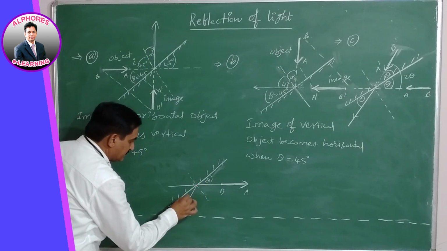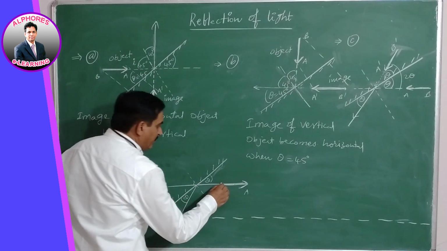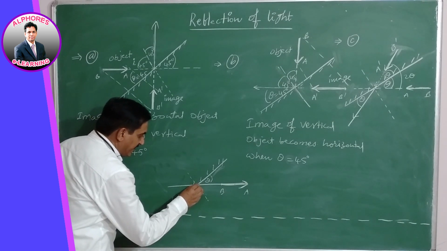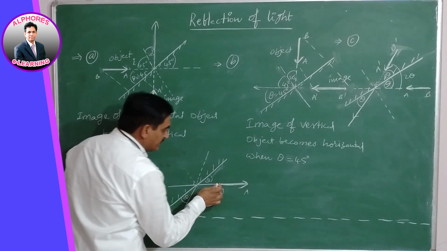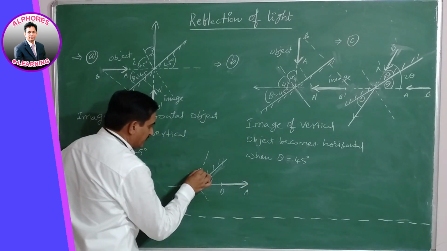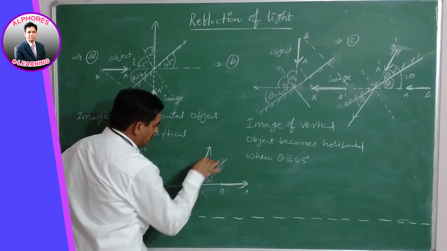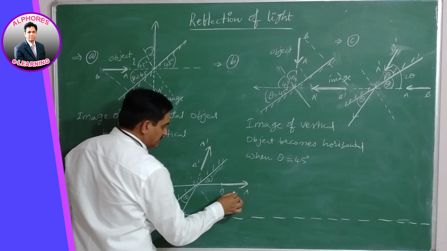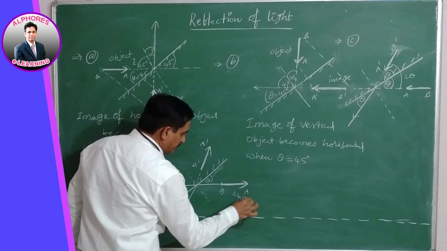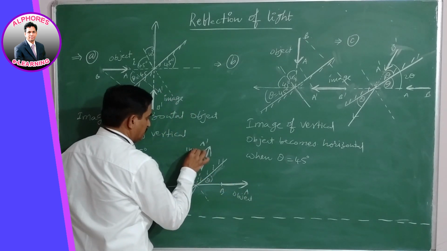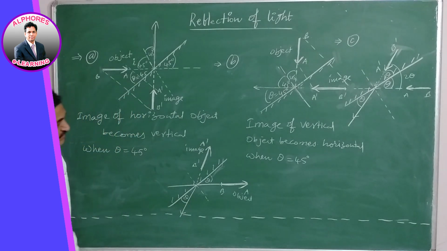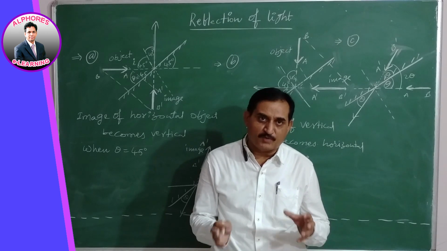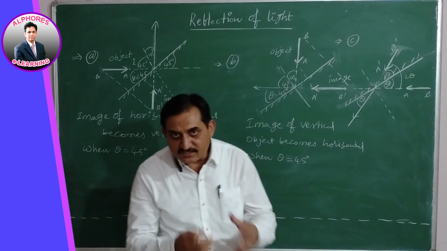This is the glancing angle, this is also the glancing angle. After reflection, the reflected ray is extended back. As the object moves away from the mirror, its corresponding image will also move away from the mirror. This is A dash and B dash, this is the object, this is the image. Once a student or aspirant understands this mechanism properly, he can easily solve the problems.